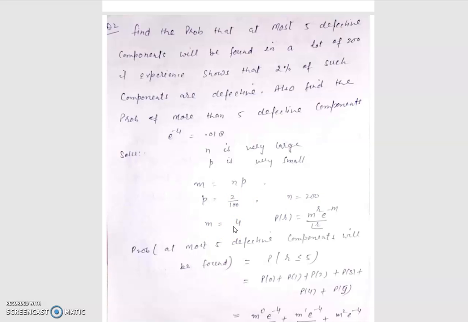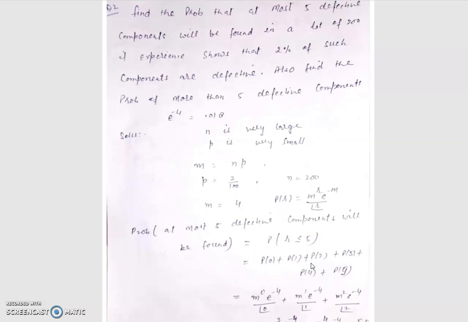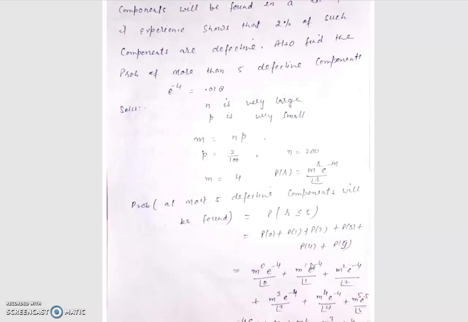Now what do we have to find? We have to find the probability of at most 5 defective components. At most 5 defective components means we have to find the probability for r less than or equal to 5. And how can we find that?